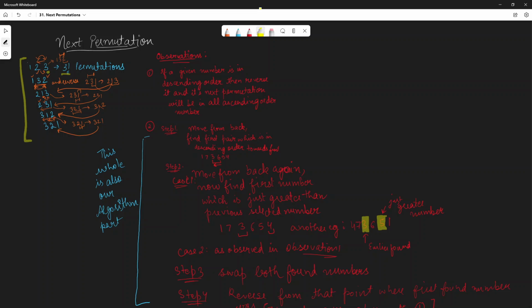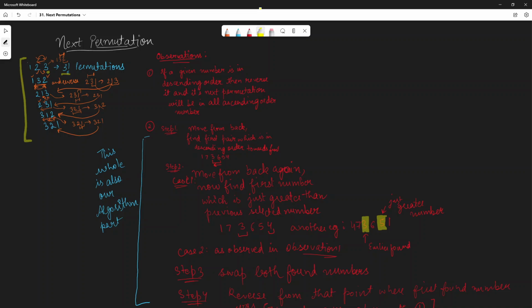So we will simply swap both of them. Now, as we have swapped at the 0th index, leaving the 0th index, after that it was 2, 3, 1, right? So we are required to reverse this 3, 1 into 1, 3. So this is what we would be doing here.